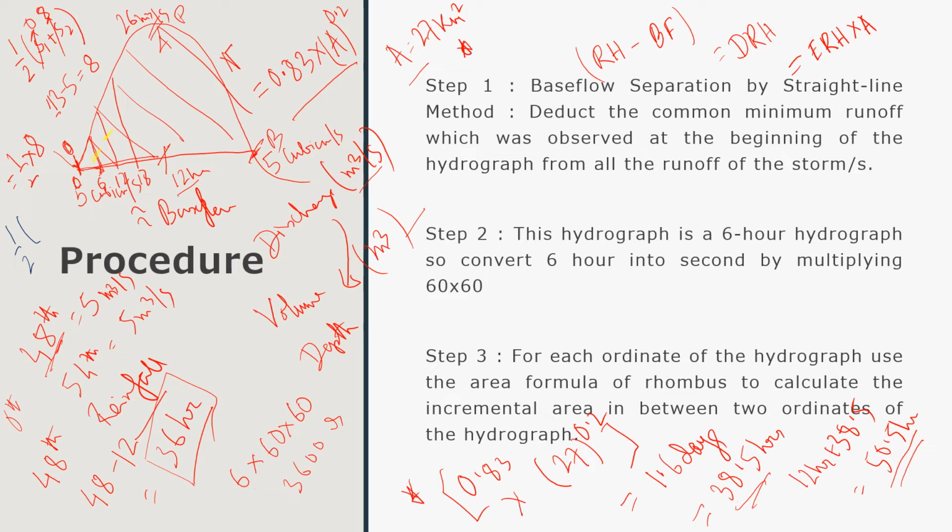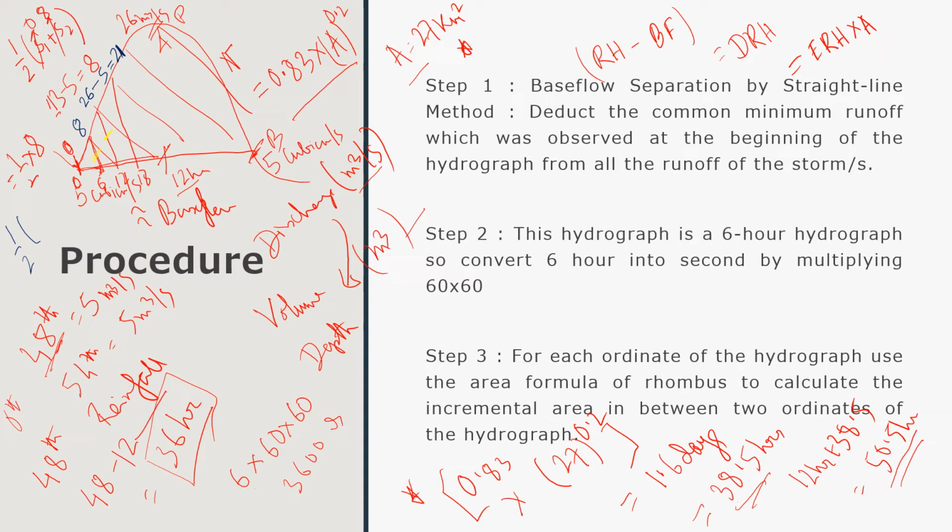Observe the table given at the first slide. We have already deducted 5 cubic meter due to base flow. So we have 8 here, 8 cubic meter per second, and this value at 12th hour duration was given as 26 cubic meter per second minus 5 cubic meter per second becomes 21.